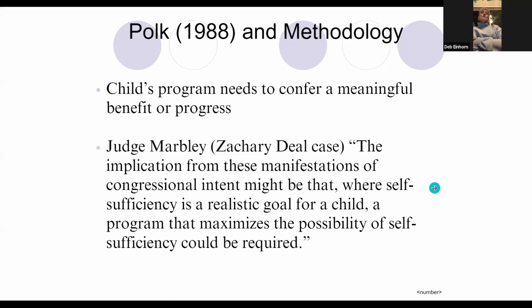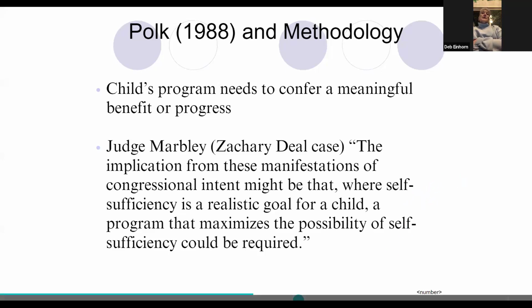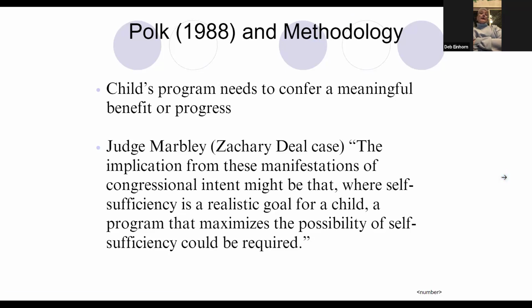So the Pope case was about methodology as well. And the judge in this case said that where self-sufficiency is a realistic goal for a child, a program that maximizes the possibility of self-sufficiency could be required. So, the way Andrew F. addressed that in their decision was they said, to make progress in light of a child's circumstances, I think is the word they used.